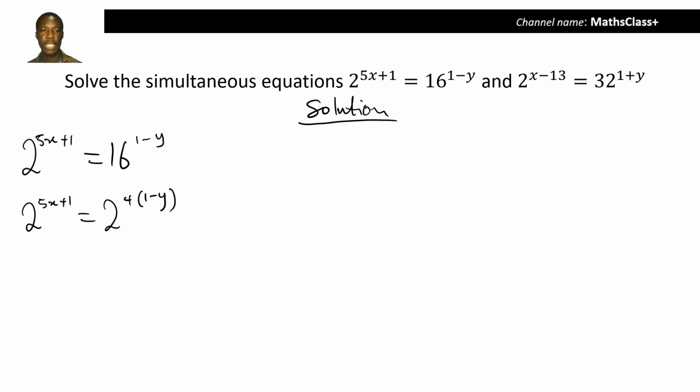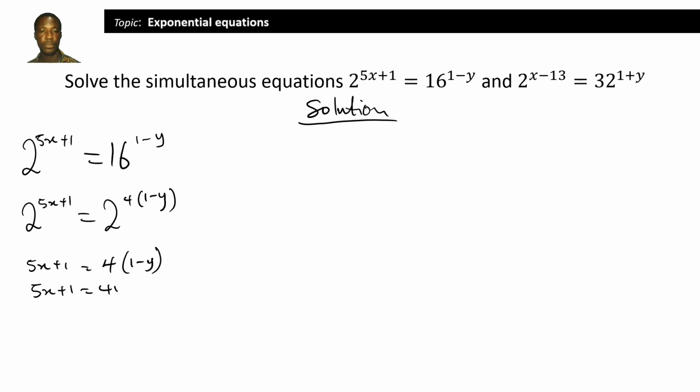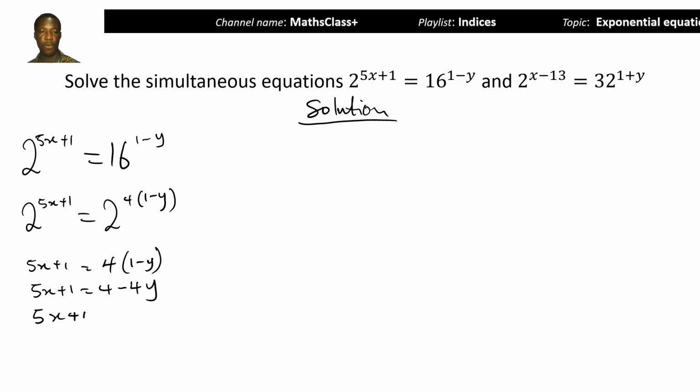So now I can equate the exponents as 5x plus 1 is equal to 4 multiplying 1 minus y. So I'll open the bracket and simplify. So now this gives me 5x plus 4y is equal to 3. That will be my equation 1.